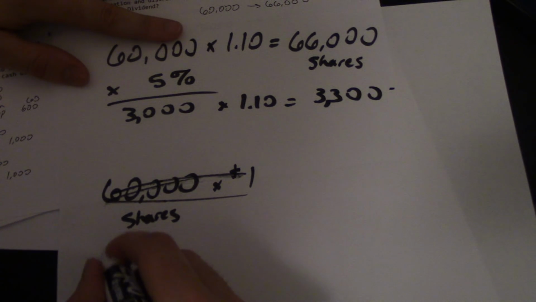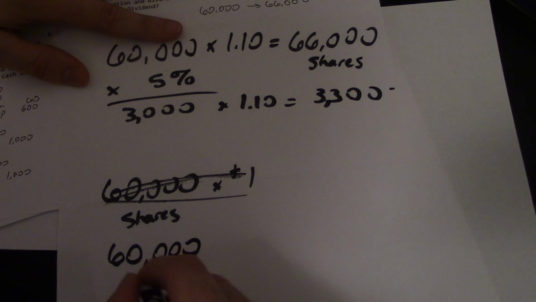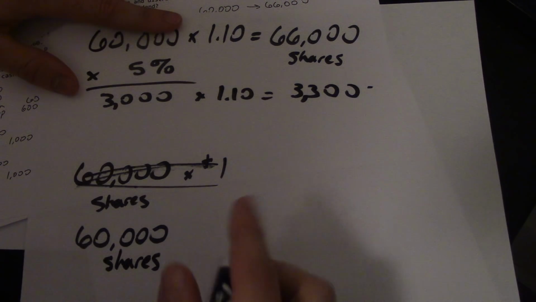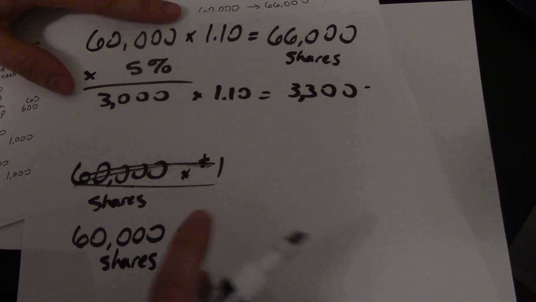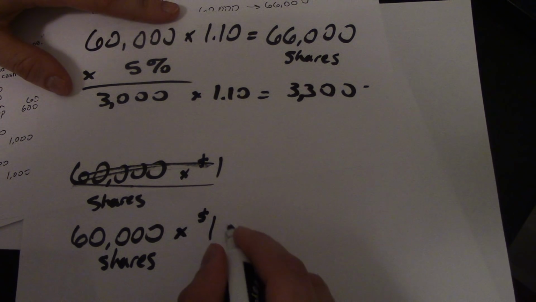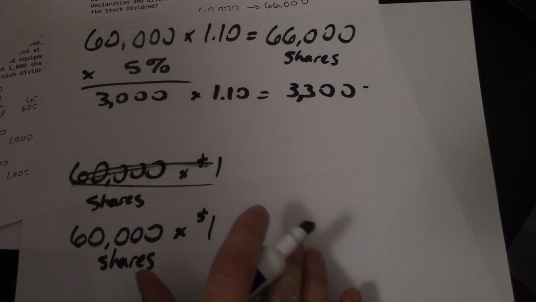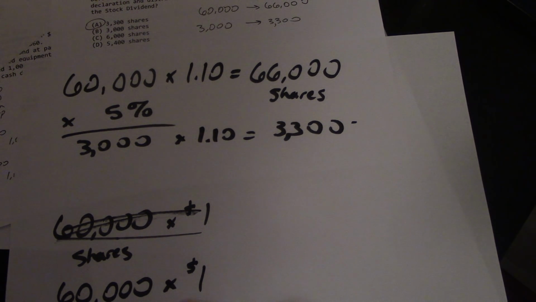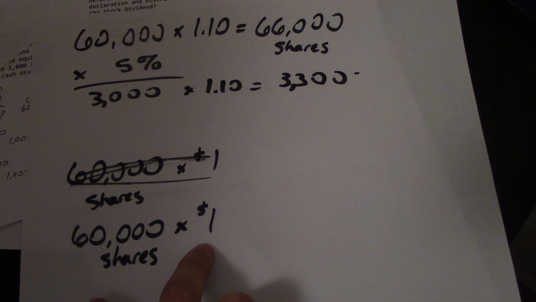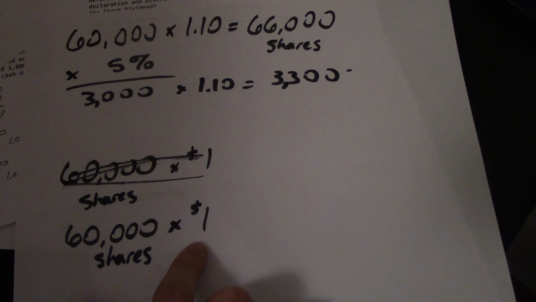So let's say we still have 60,000 shares outstanding before the stock dividend, and let's just say each share is valued at $1 each.